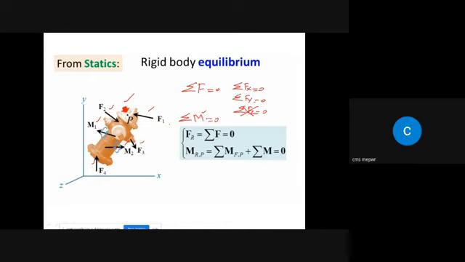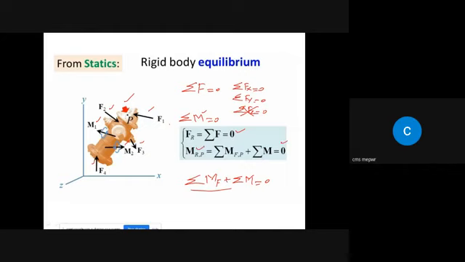Now this moment is basically the moment of the applied forces, plus the externally applied couples. The combination of all these should be equal to 0. So this is basically the first condition, the summation of all forces should be equal to 0, and the summation of all moments about any point should be equal to 0.